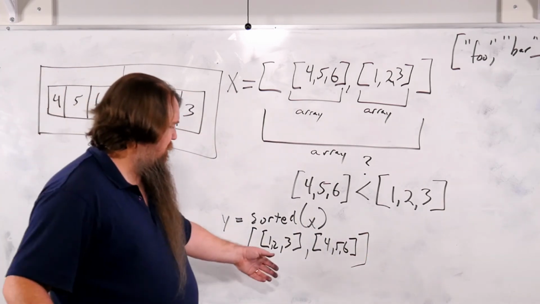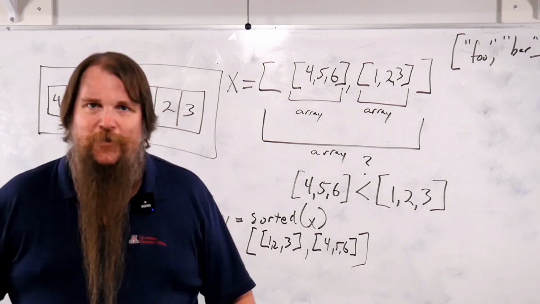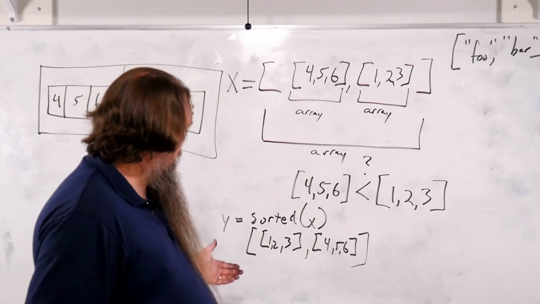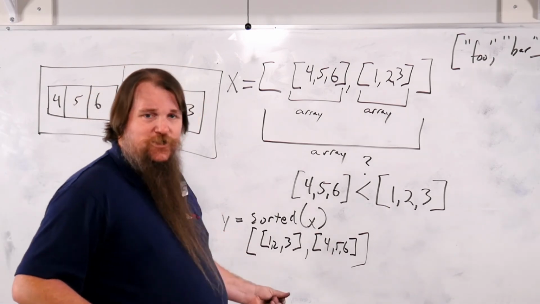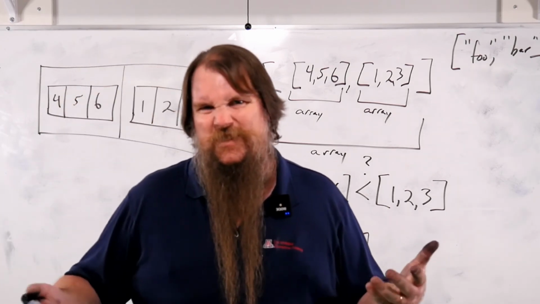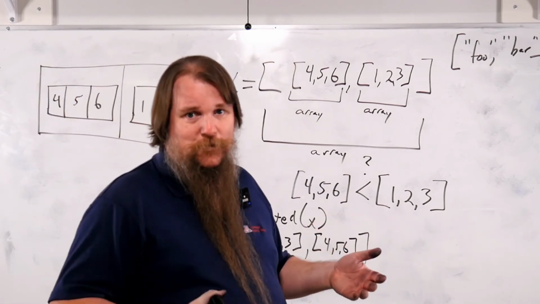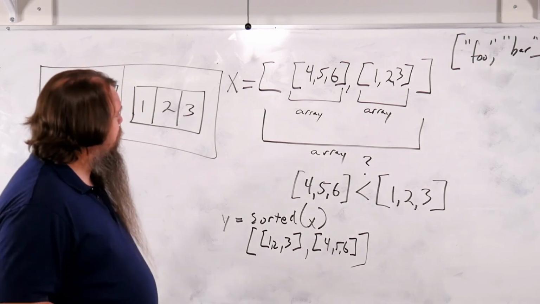That's going to be useful in some of your early problems where you might want to sort things that have a little bit more complex data. If you just make sure that the thing that's most important to sort by is the first element in each array or tuple, this can work really well.